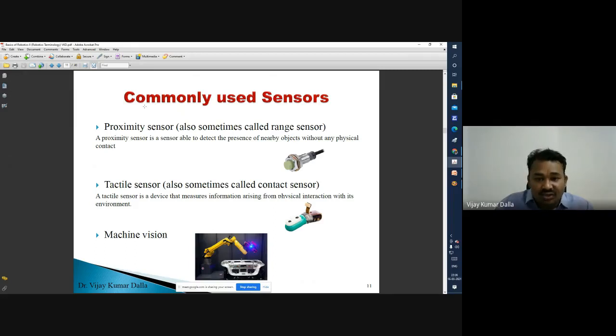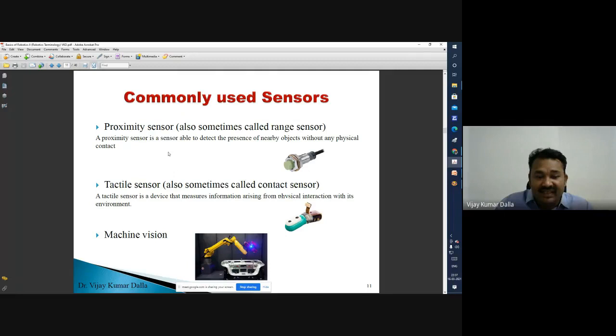And the commonly used sensors are the proximity sensor, tactile sensor, and motion vision. The proximity sensor is also known as a range sensor, and it is a sensor able to detect the presence of nearby objects without any physical contact.